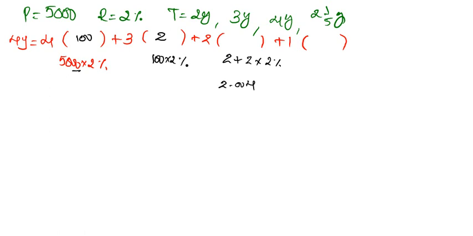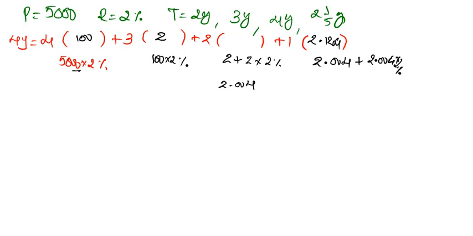Again this is 2.004 plus 2.004 of 2%. That's how the calculation is going on. And again you will get 2.004. So very simple.